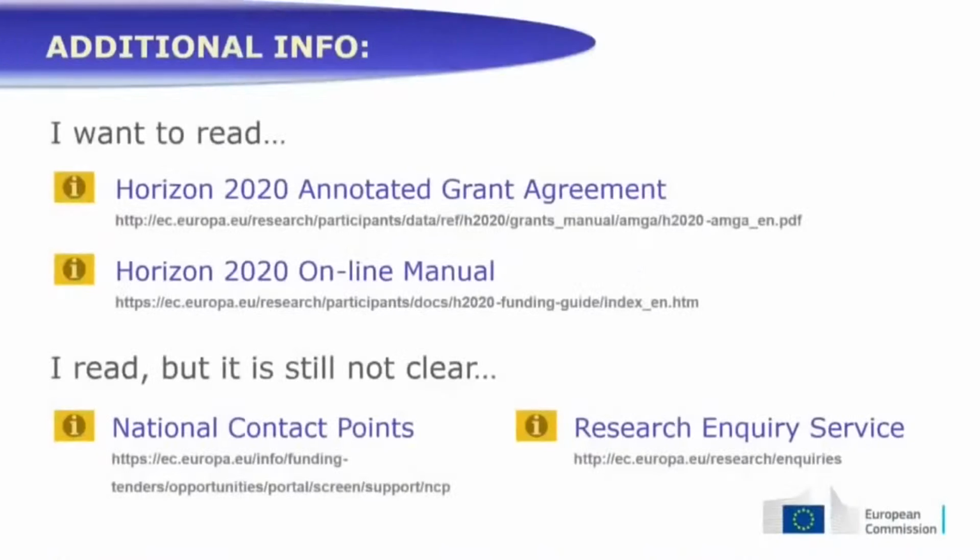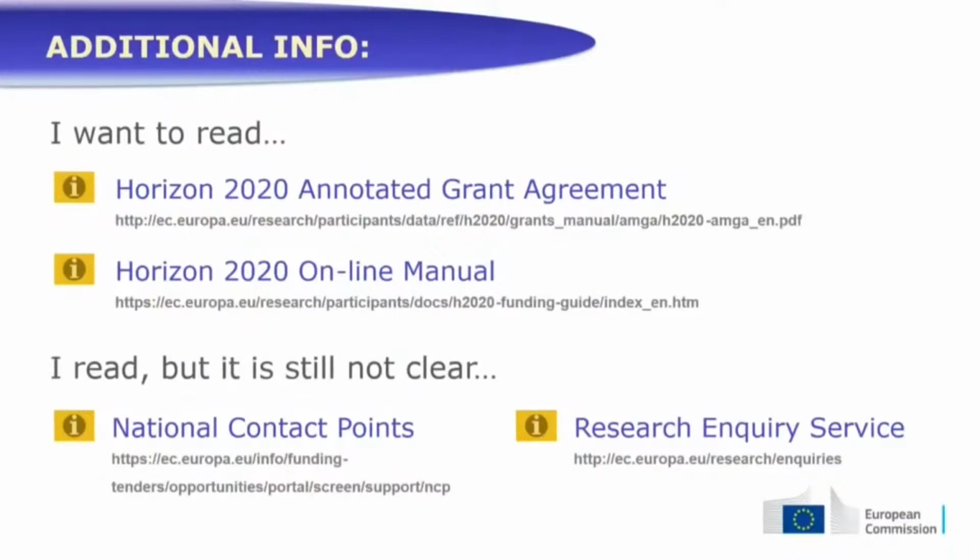So this is going to be my last slide, and it is about where you can find more information about everything that I have explained and many more issues that today we didn't have the time to get into in detail. First message, you have heard me speaking several times about this Horizon 2020 annotated grant agreement. This is really the book where everything is explained.